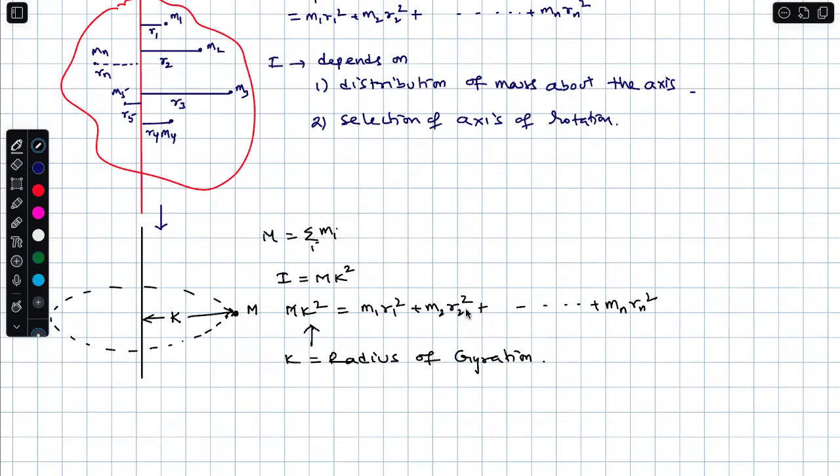So in some cases, I will represent the radius of gyration instead of the total moment of inertia.